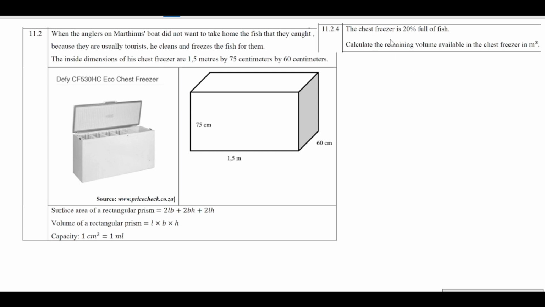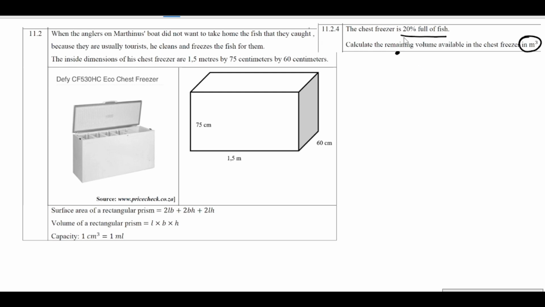11.2.4, they say the chest freezer is 20% full of fish. Calculate the remaining volume available in the chest freezer in meters cubed. Whatever answer we get here, we'll have to convert to meters cubed.